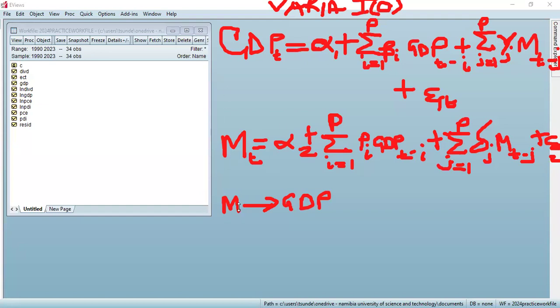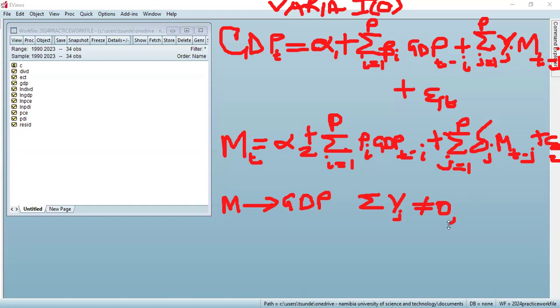Okay, so for unidirectional causality from money supply to GDP, what did we say? Who can still remember the condition? For money supply to GDP, we said in the GDP equation, the summation of gammas, these parameters gamma j's, is not equal to 0.